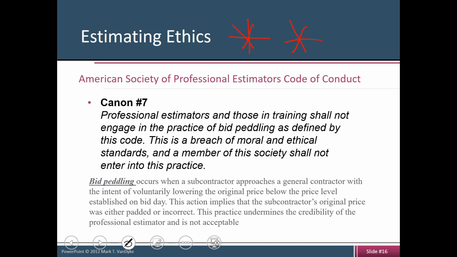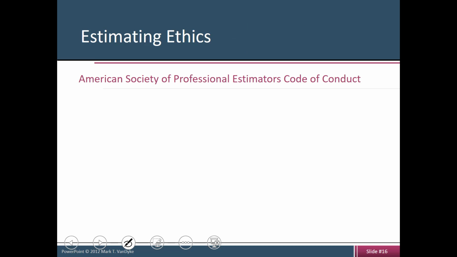This is unethical to do. This action basically means that the subcontractor, in their original price, had nuggets. For whatever reason, their initial work was incorrect. I don't know about you guys, but I wouldn't like to work with those who are not accurate and credible in the first place. So that's bid peddling.